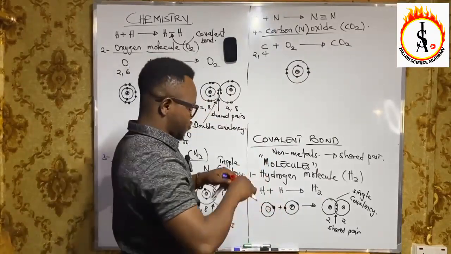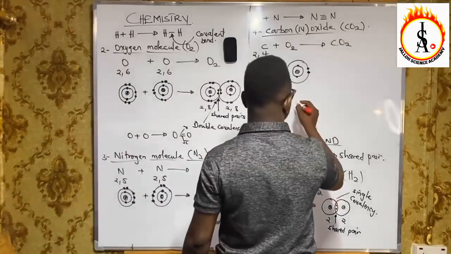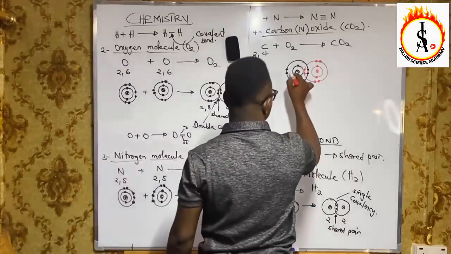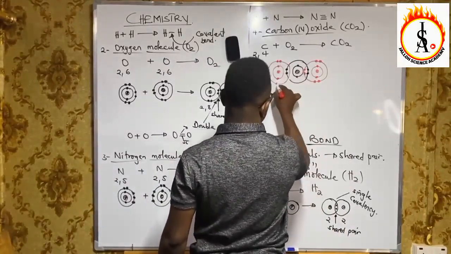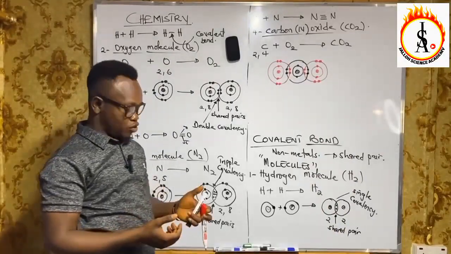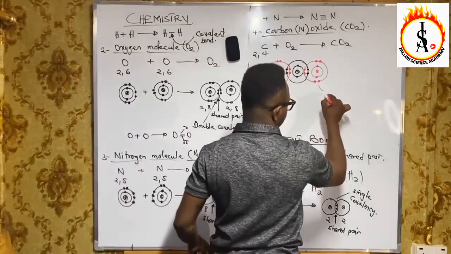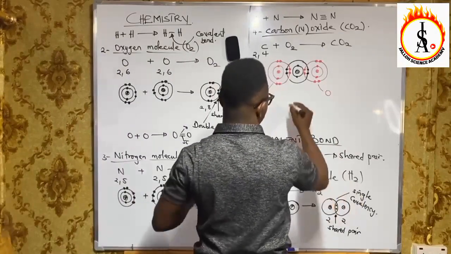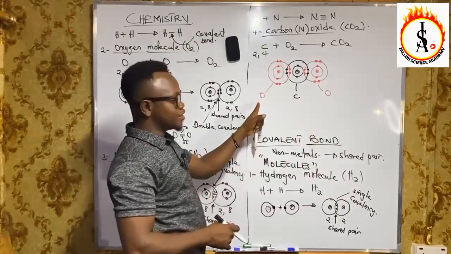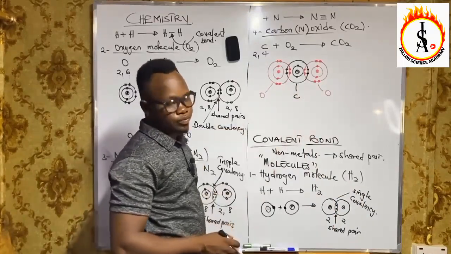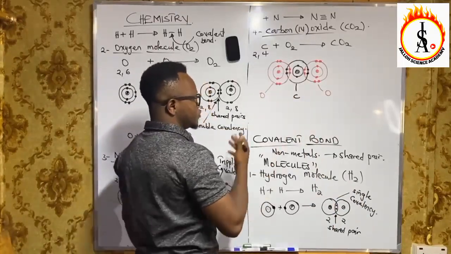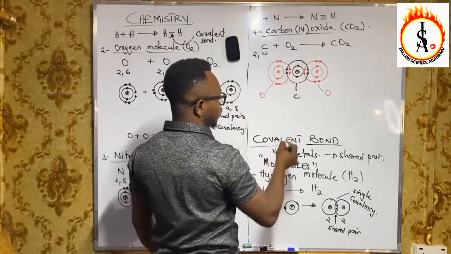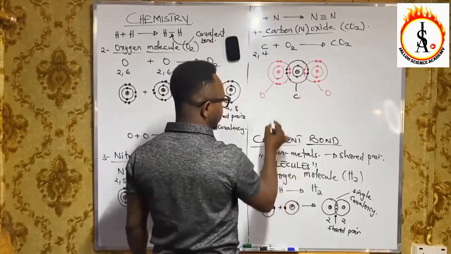So I'll use red for oxygen atoms. So this is the oxygen atom. This is the carbon dioxide molecule. Oxygen atom, carbon. Now in each of these, oxygen contributes 2 electrons in the formation of this bond here, and carbon also contributed 2 electrons in the formation of the bond.